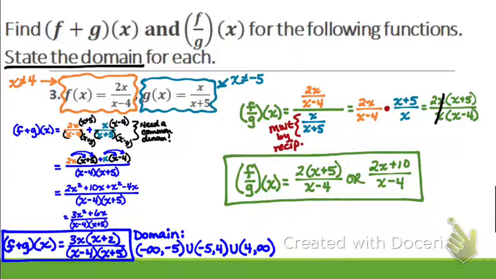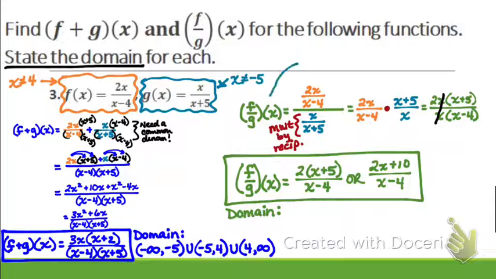We still need to do the domain. All right, so it's definitely going to inherit the domains from the parents, but because it's a quotient, what else do we have to watch out for? What can't be equal to 0? The denominator.